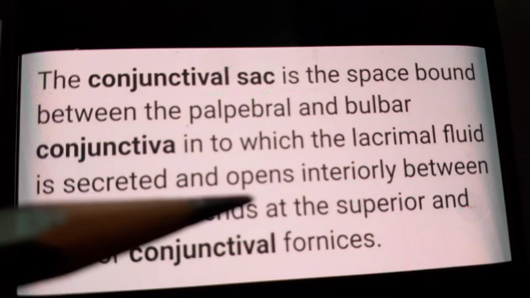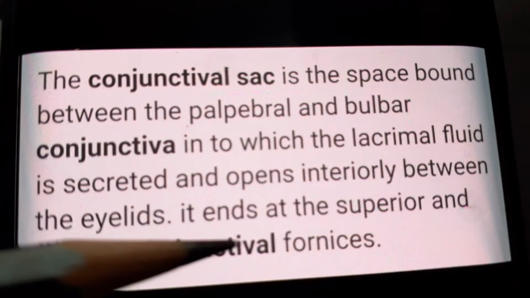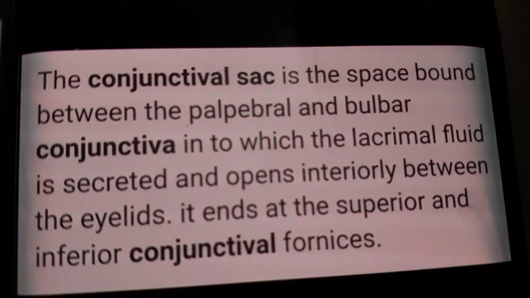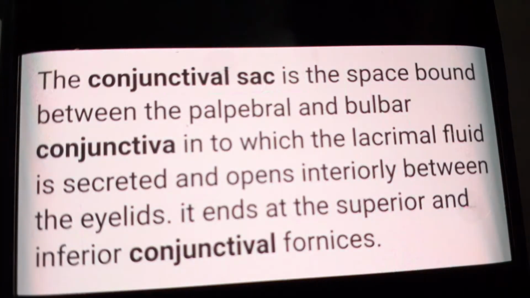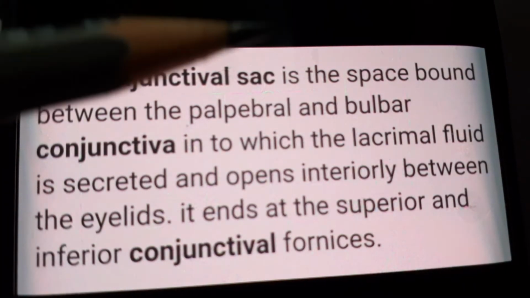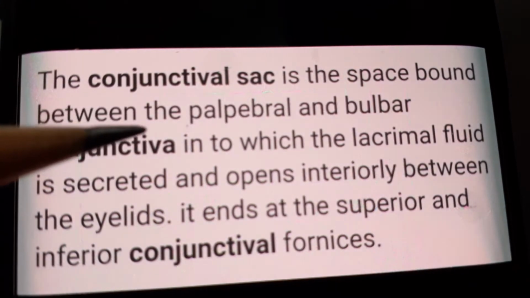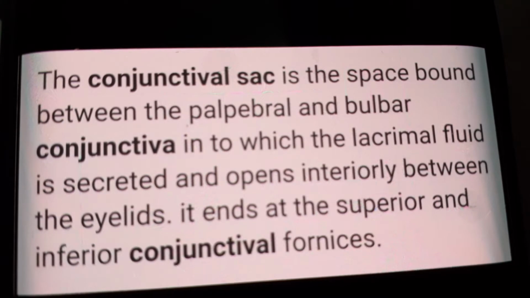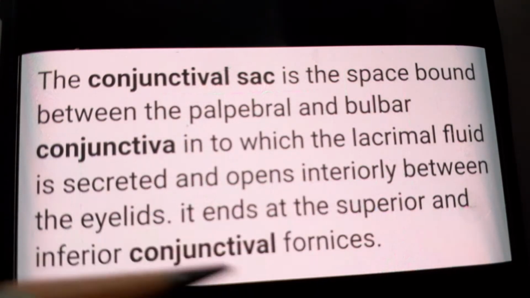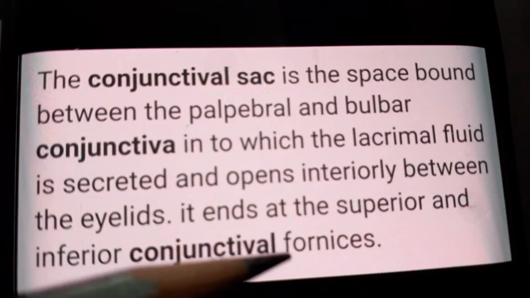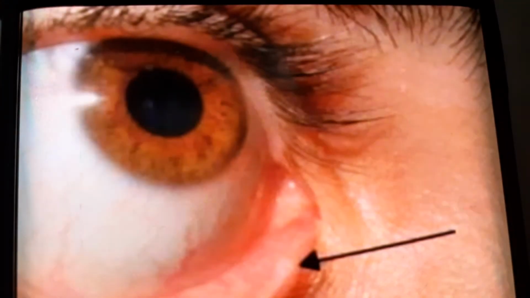So what are the superior and inferior conjunctival fornices? They are the lines along which the palpebral conjunctiva of the upper and lower eyelid is reflected onto the eyeball. So you can see the puncta here in the patient.